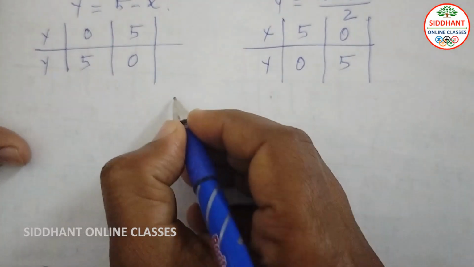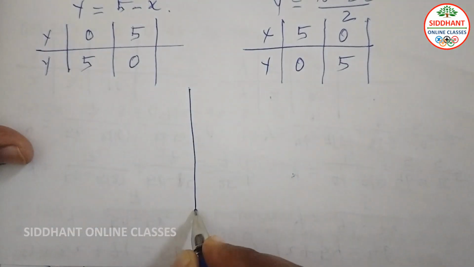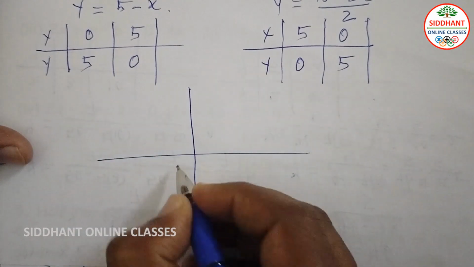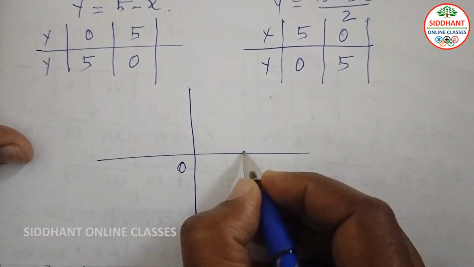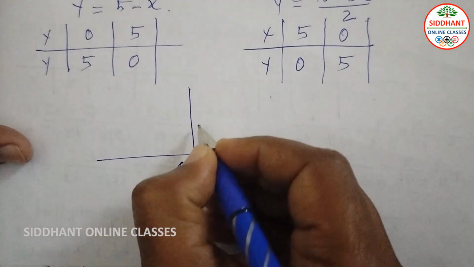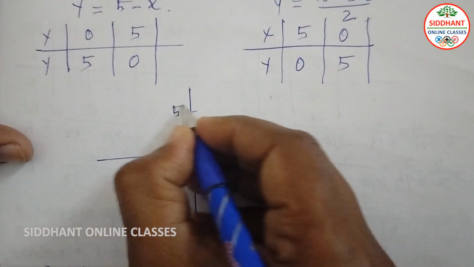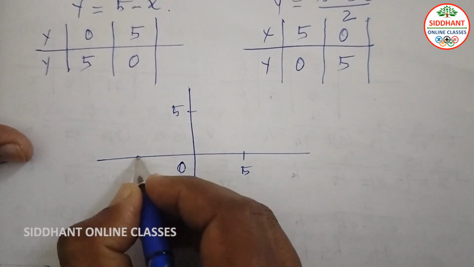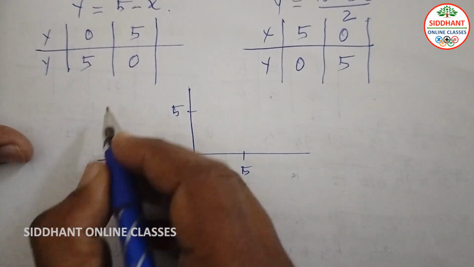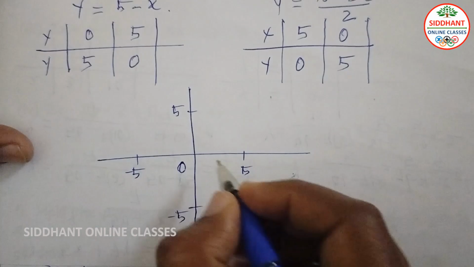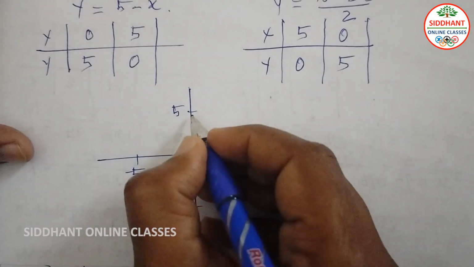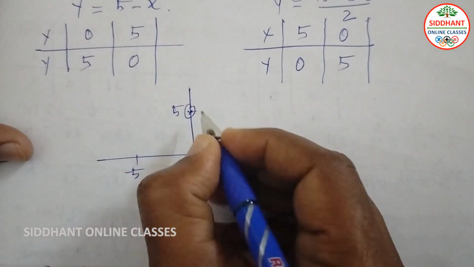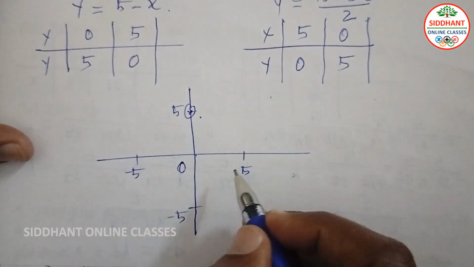So obtaining a graph here, first one is (0, 5): x is 0, y is 5, and x is 5, y is 0.